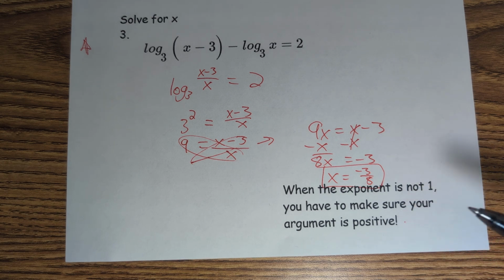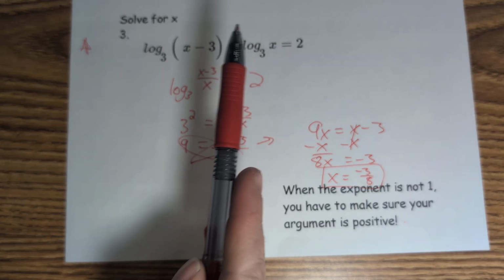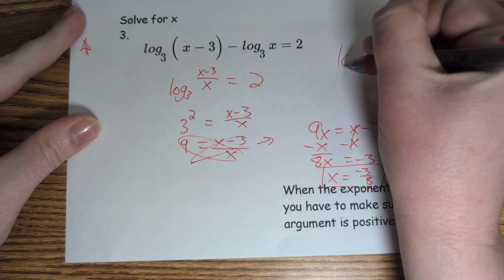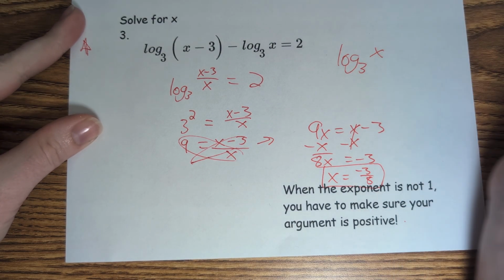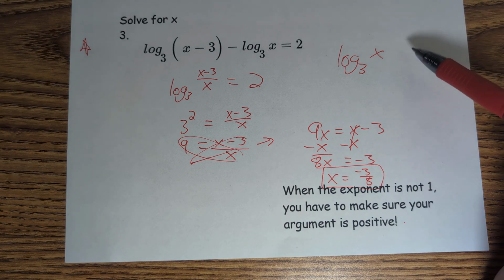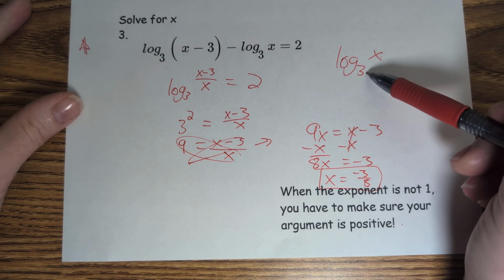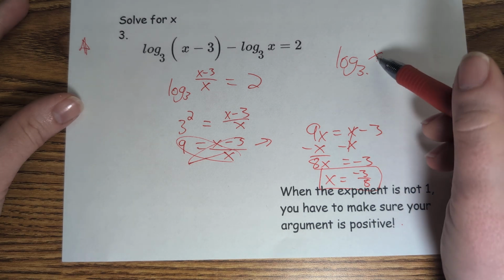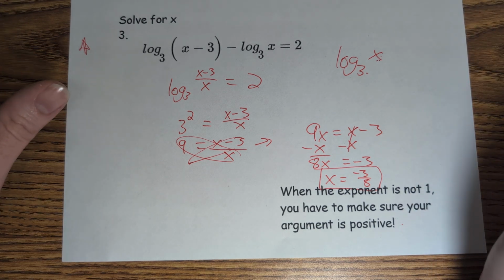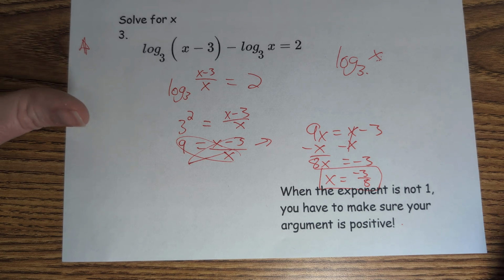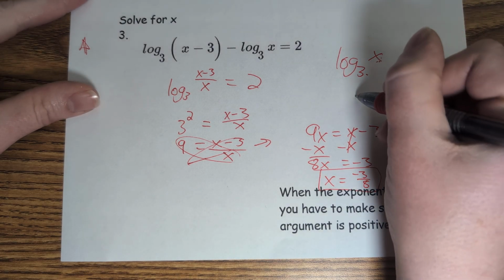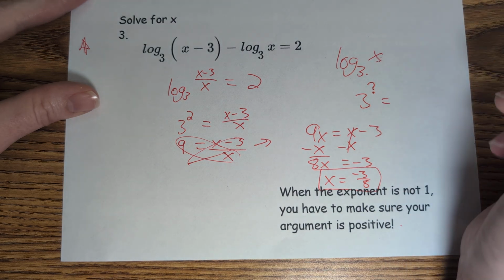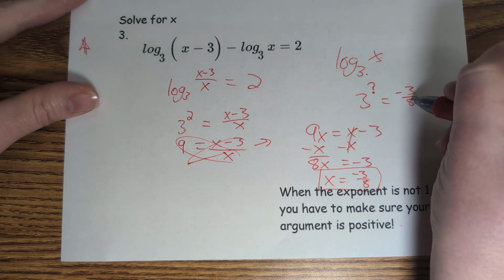Think about this. Log base 3 of x, and the x is negative. This literally means 3 raised to some power, whatever it's equal to, equals whatever x is. Now, is there a way that I can get 3 raised to any power in the world and get a negative?